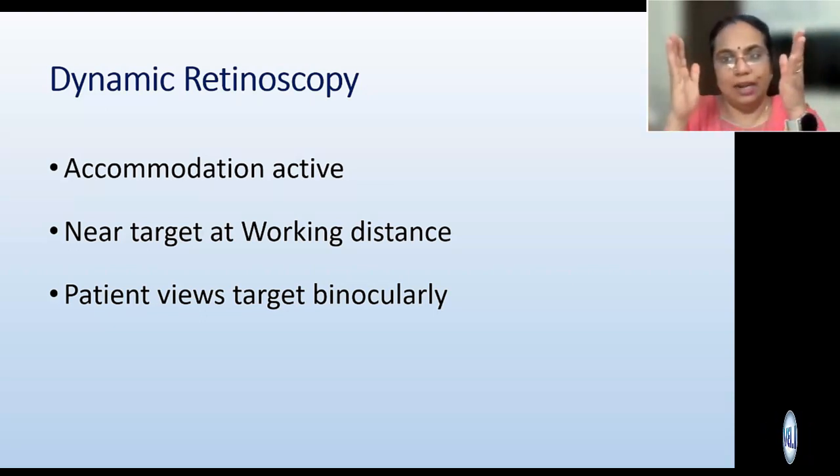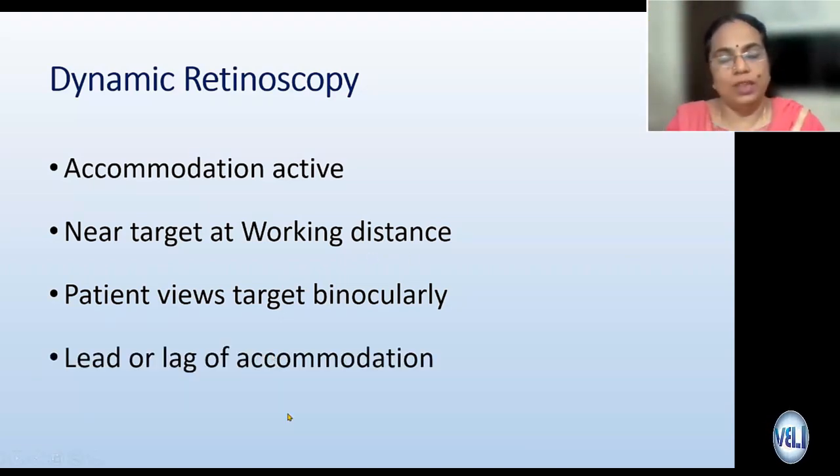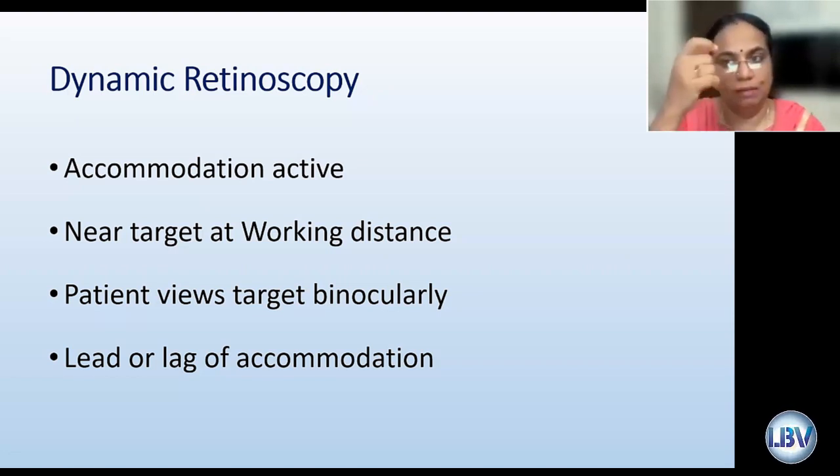Patient views the target with both eyes open, so their accommodation and convergence is working, but their convergence is kept fixed at that 40 centimeters, so you do not move the target back and forth away from the 40 centimeters. Then you figure out whether you're seeing a plus, a with movement, or an against movement with the retinoscope in the plane mirror mode. Okay. Now, if you see plus, which is what you expect.